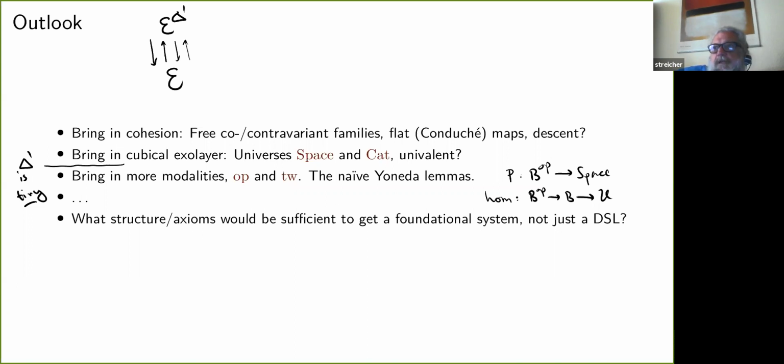If you take some text on fibered categories, not so many are available, but there are, Johnston has it, my notes, whatever, and try to develop the theory in this setting, it would be very interesting, when proving the basic theorems, whether you run into problems or not.